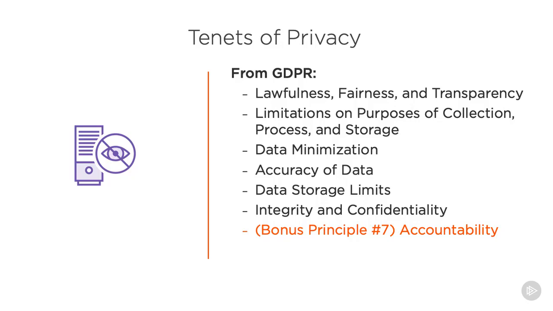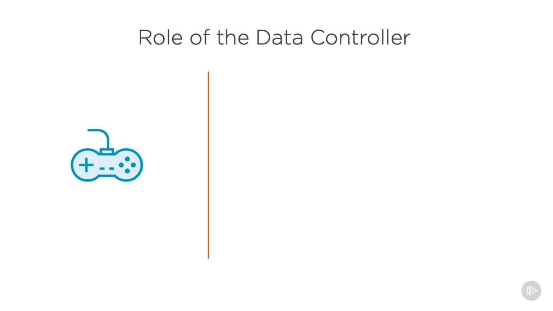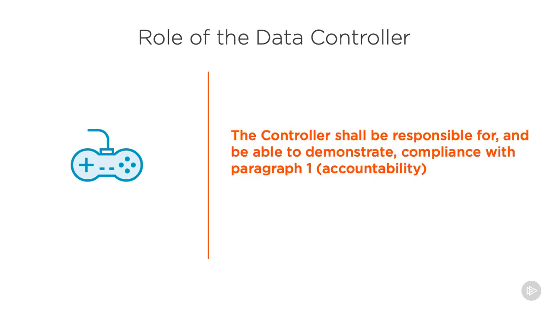So this describes the core concepts of privacy from GDPR, the tenets, or we can say here, the basic steps of a privacy regulation. This comes from Article 5, Paragraph 1. A part of GDPR is the role of the data controller. The data controller shall be responsible for and able to demonstrate compliance with Paragraph 1, accountability.